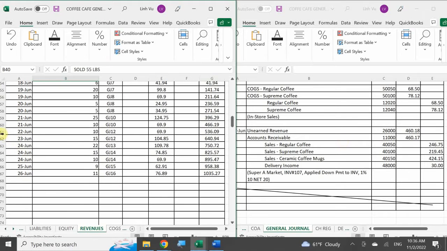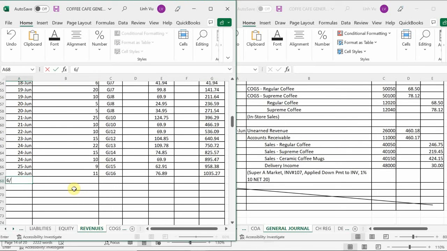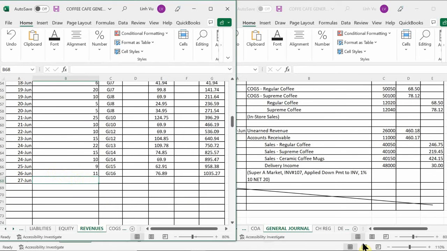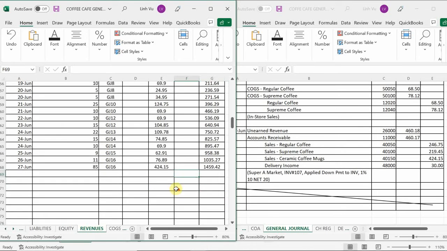Then the ceramic coffee mugs. We sold 85 mugs for a total of $424.15. 1,459.42. Good. Excellent. Okay.